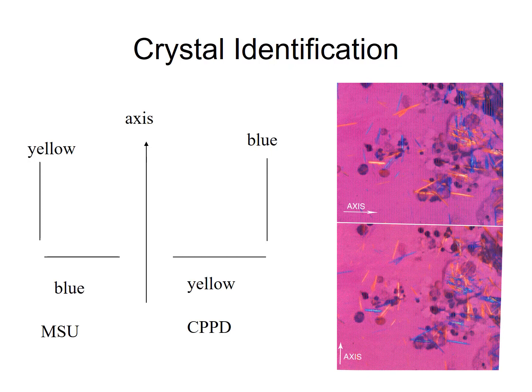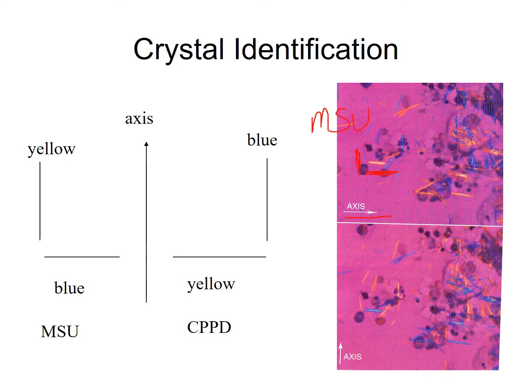So we're going to take a look at this image here. We have a polarizing microscope with a red compensator plate with the axis in this top image going this way. Now we're going to look at the crystals that are present. First of all, these are long and needle-like, and when they are parallel to the axis they're yellow, and the perpendicular crystals are blue, so we can assume that these are monosodium urate crystals.